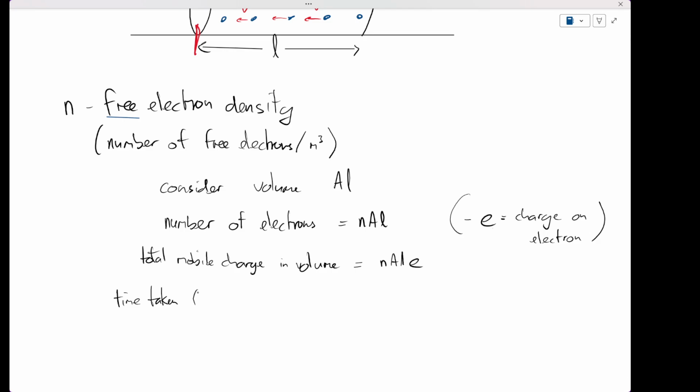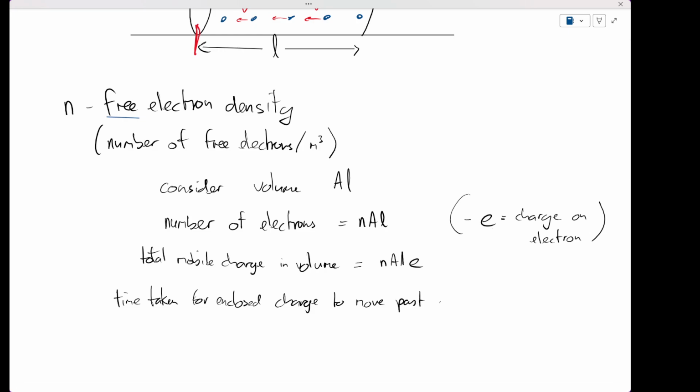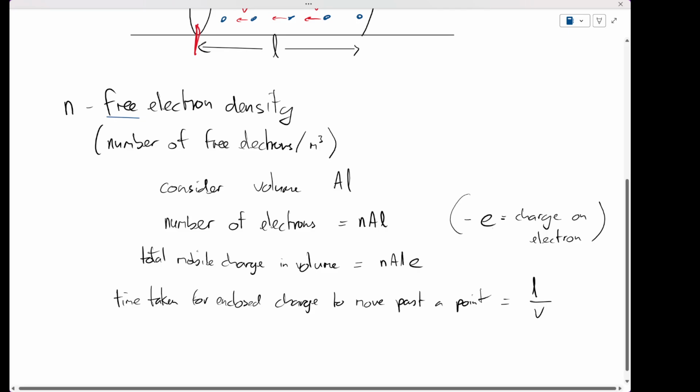So the time taken for that enclosed charge to pass a point must be equal to the length of the section we've considered divided by v.